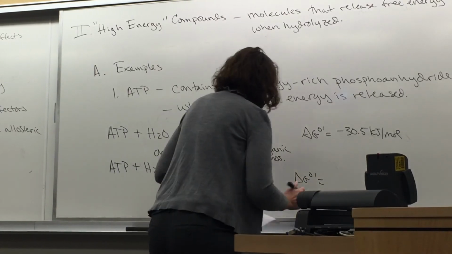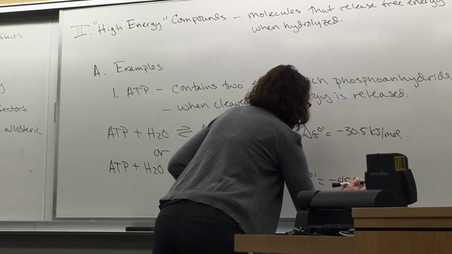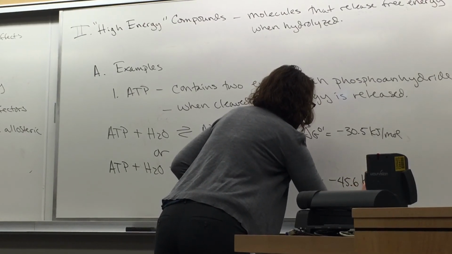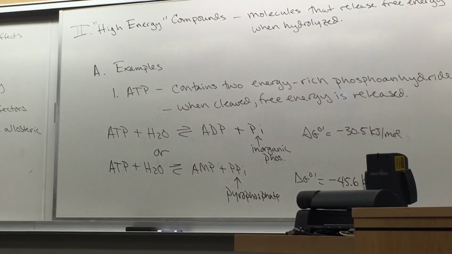When we do it in that way, we get a slightly different amount of free energy released, minus 45.6 kilojoules per mole. And I will tell you right now, I do not want you memorizing numbers. Magnitude and sign are much more important in this class.